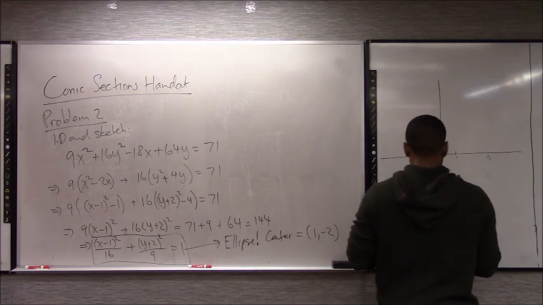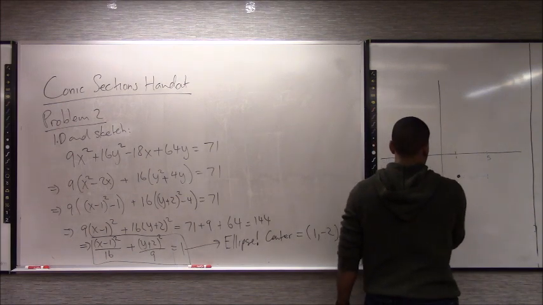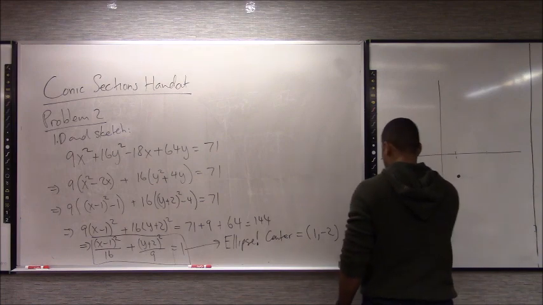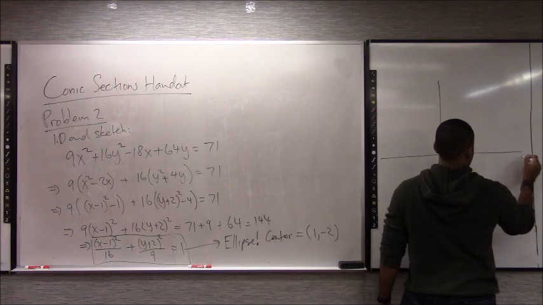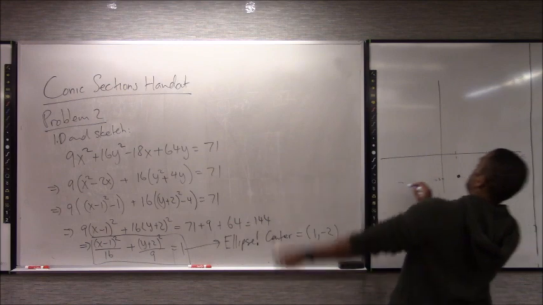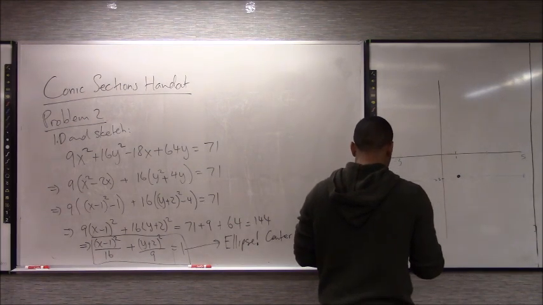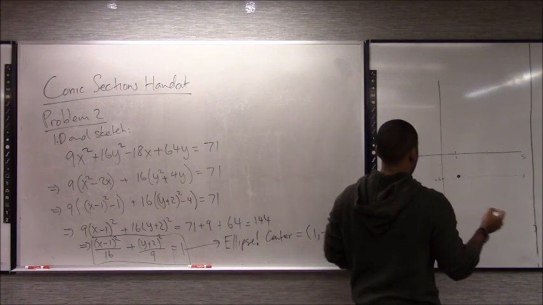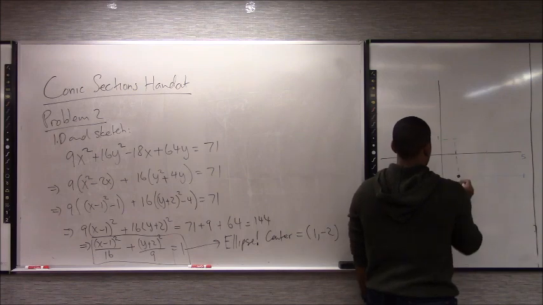On the y, we go up and down by 3 units, so that goes up to 1 and down to minus 5.